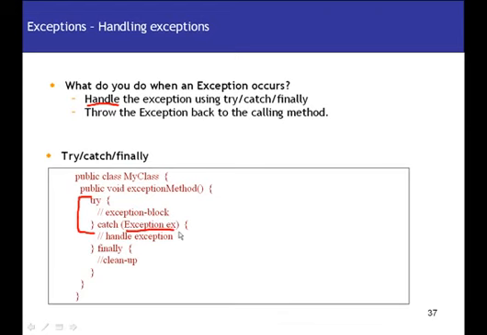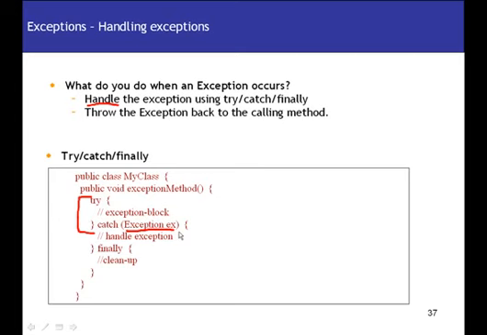Even though we saw that the exception class is at the top of the hierarchy, under the exception class there might be a number of subclasses, like for example file not found, index out of bounds, and so on.